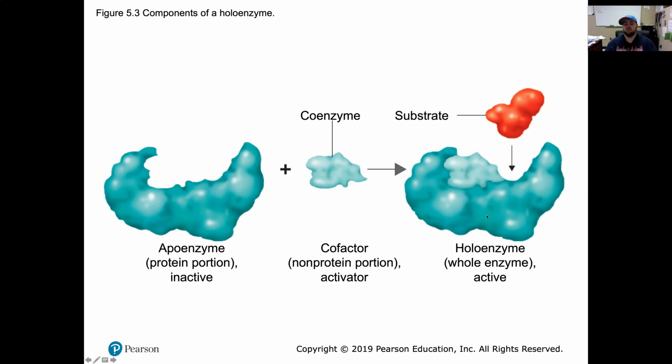The whole enzyme, meaning it has both the protein portion and the non-protein cofactor. When it has both, the enzyme becomes active. It will either help speed up or slow down chemical reactions. If we want to speed up chemical reactions, we can use enzymes. If we want to slow them down, we can also use enzymes, or we can block enzymes from being used.